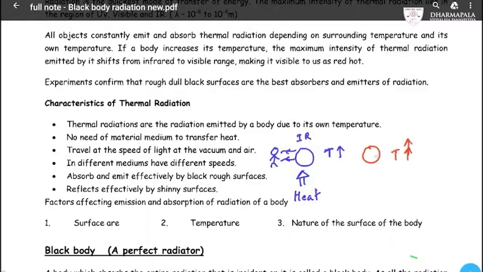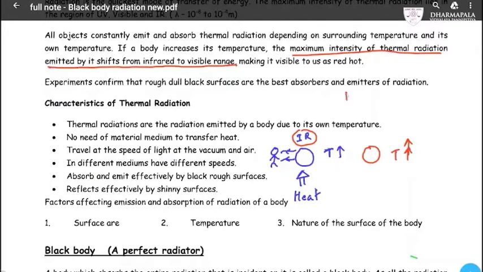Because of that high temperature, the maximum intensity of thermal radiation emitted by it is shifting from infrared to visible range. Previously, it has emitted more IR waves. With the increase in temperature, now it has shifted to visible range.